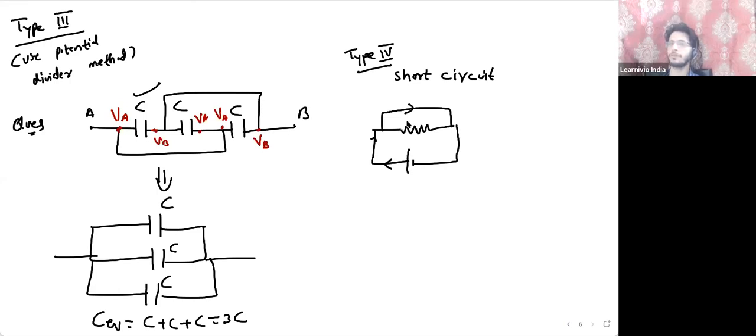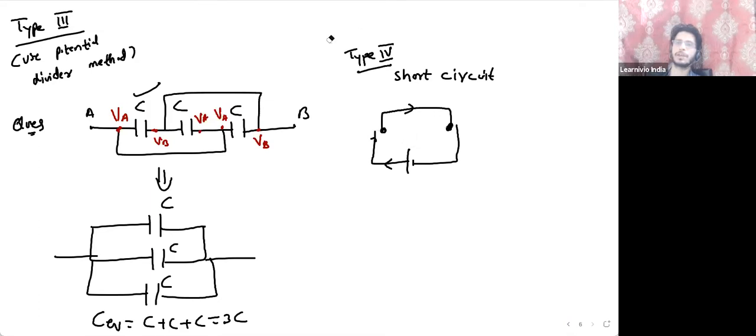Then we will say that we have short circuited this resistor. Short circuiting the resistance means connecting both the ends of the resistor with a wire. What's the effect of short circuit on the circuit? No current will flow through the resistor. Entire current will flow through the wire. If this is a bulb, then this bulb will not glow.